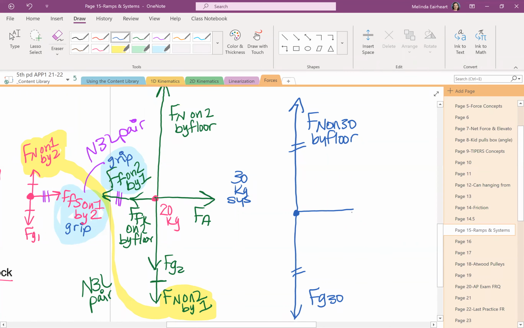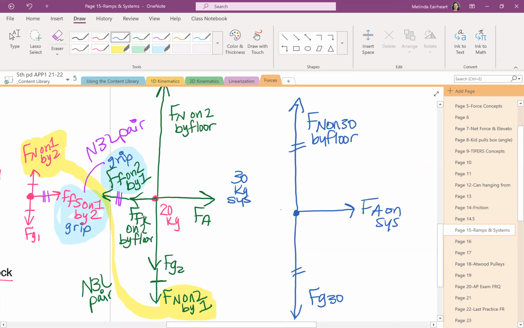And aren't we still pulling on the system? And that's the same FA as it was before. And then there's one more force on the system. Who is it? Who wouldn't cancel? Kinetic friction with the floor.